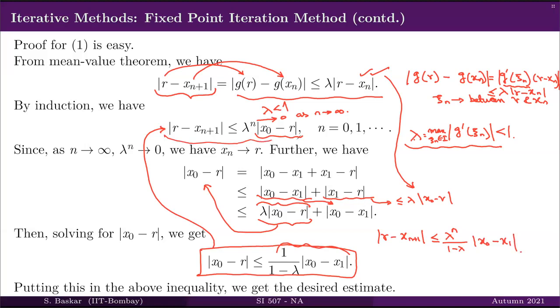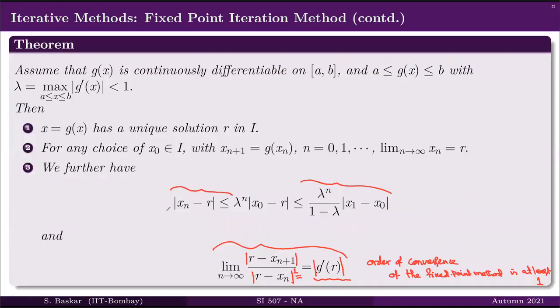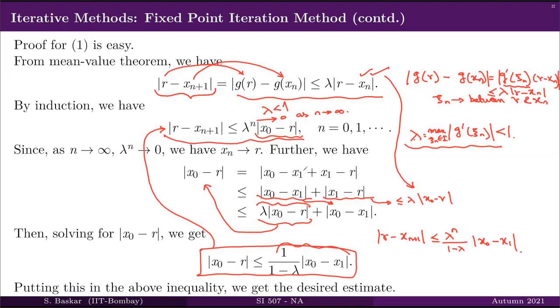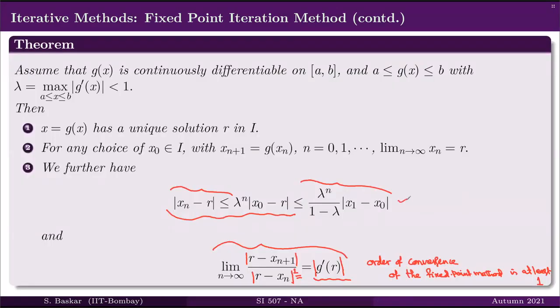Remember, this we have already shown while proving the convergence, and therefore that proves also the first part of the inequality. And the second part is simply a routine manipulation to get this inequality. And this proves the important inequality that is useful to obtain the number of iterations that we need in order to achieve a required tolerance.